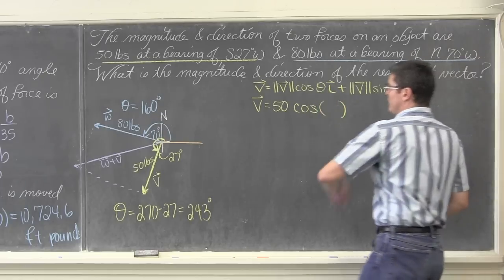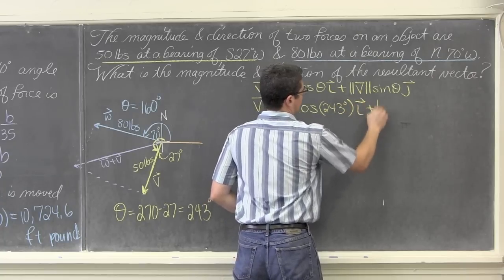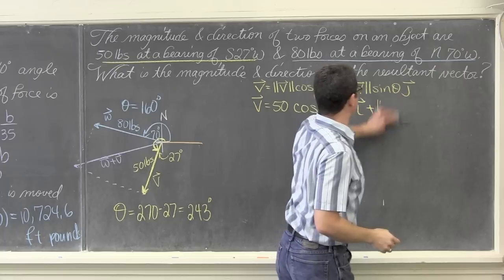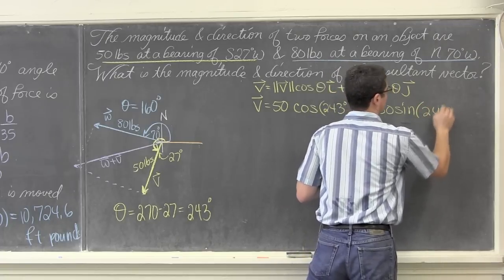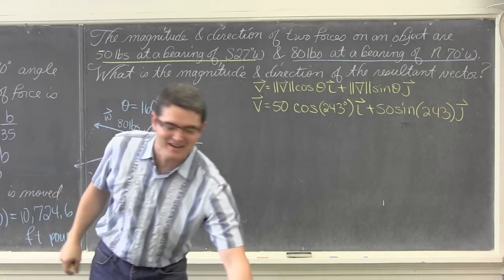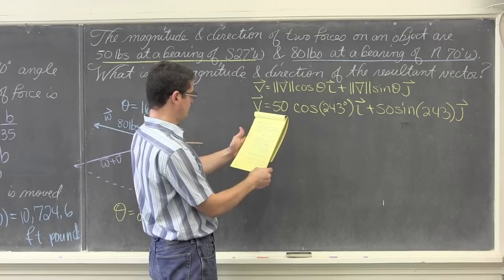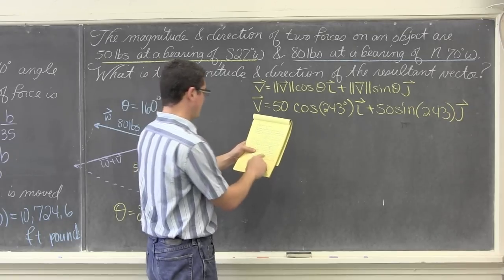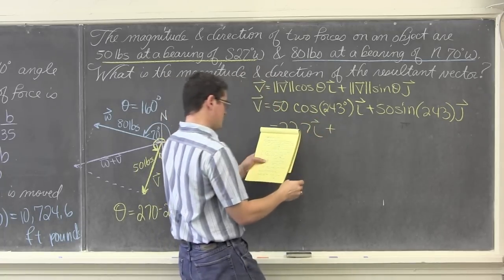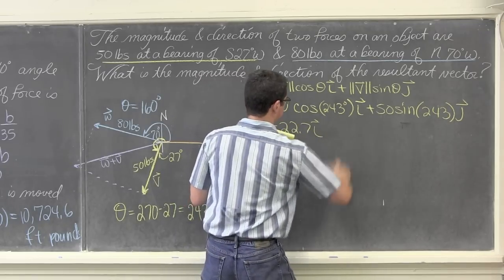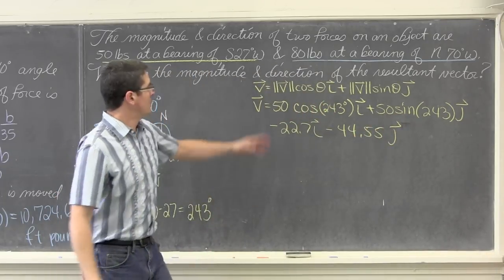Good. So it's going to be 50 times cosine of 243 I plus, again, the magnitude, which is, I don't need those magnitude symbols anymore, 50 times the sine of 243 J, and then because I can't do that off the top of my head, that's going to come out to be negative 22.7 I plus or minus 44.5 vector J. My book likes to use the IJ components for horizontal and vertical components.